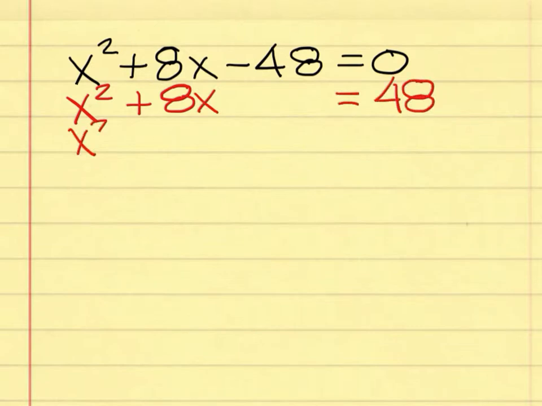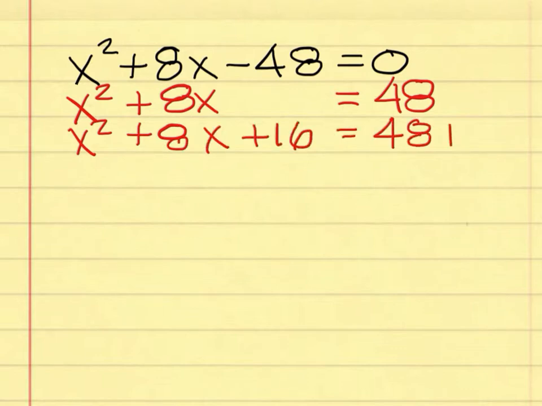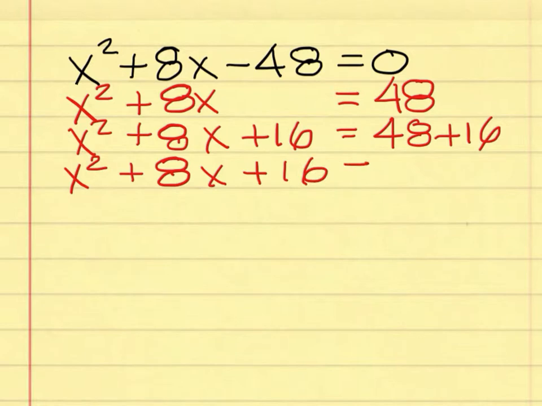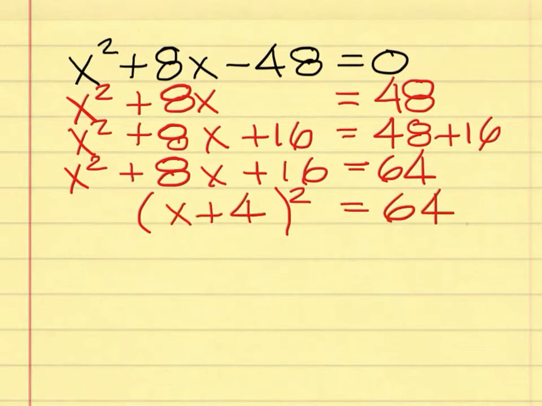Half of 8 is 4. If you square that, you get 16, which you must also add to the right side. So x squared plus 8x plus 16 will equal 64. The expression on the left is equivalent to x plus 4, the quantity squared. And on the right, we still have 64.